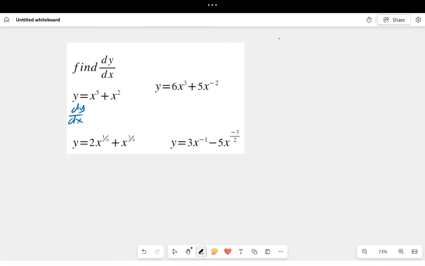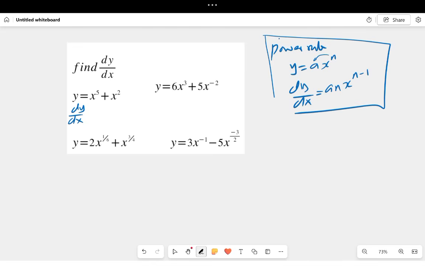As we know, the power rule for working out the derivative means that if you have y equals a x to the power n, then if you're looking for dy over dx, the answer should be equal to a times n, which is going to be an, then x to the power n minus 1. So this is what we are going to use to find the derivative of each of these.